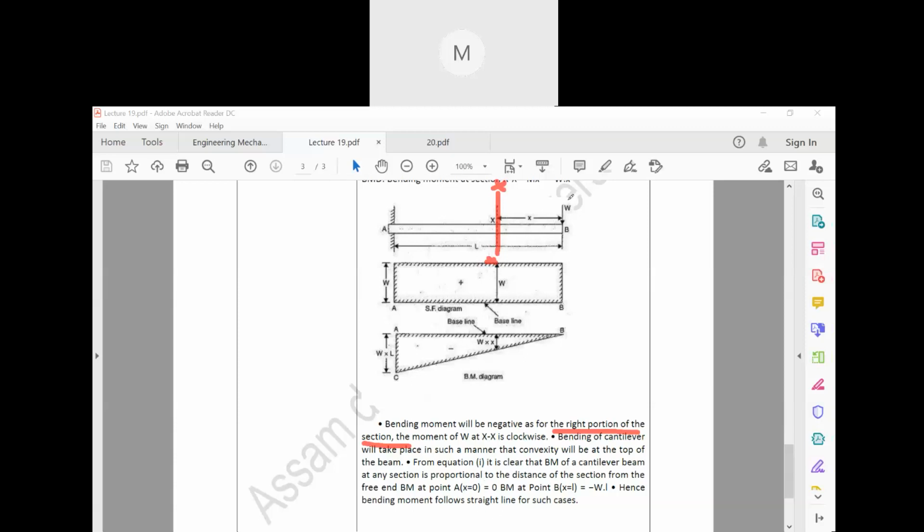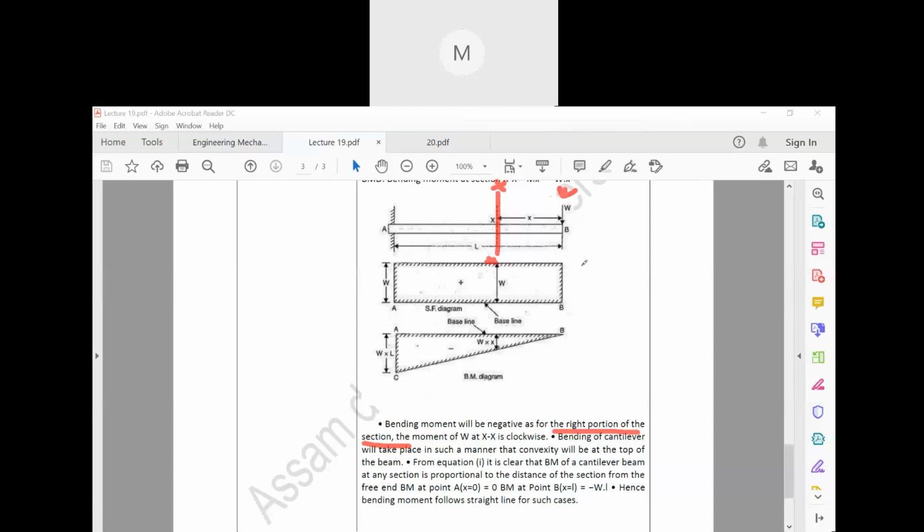Here, this load is applied here, right? Now the moment of this load is clockwise, since this is coming down.